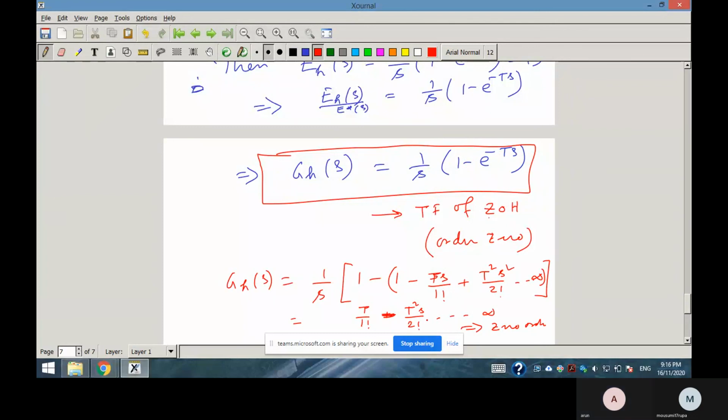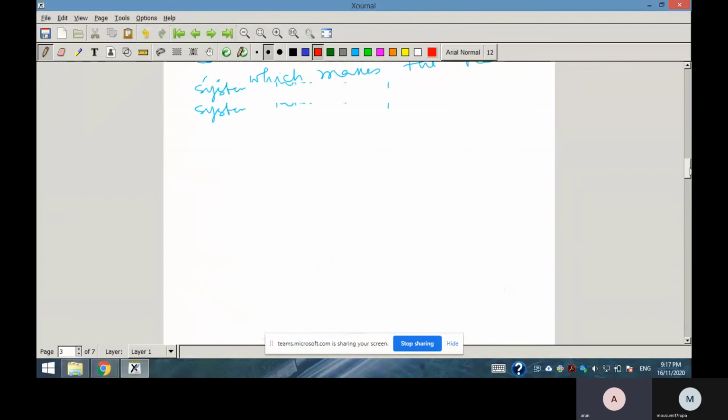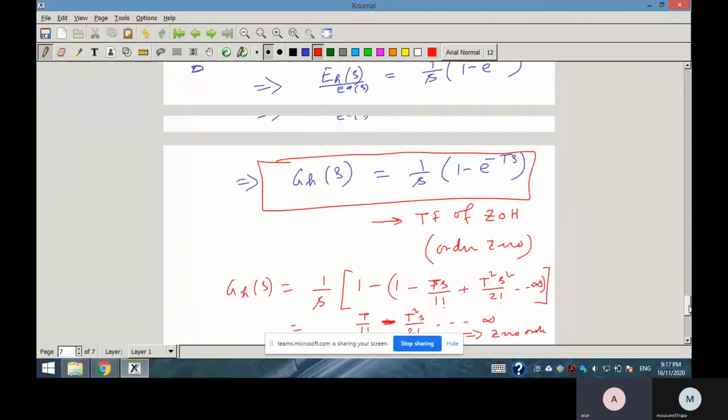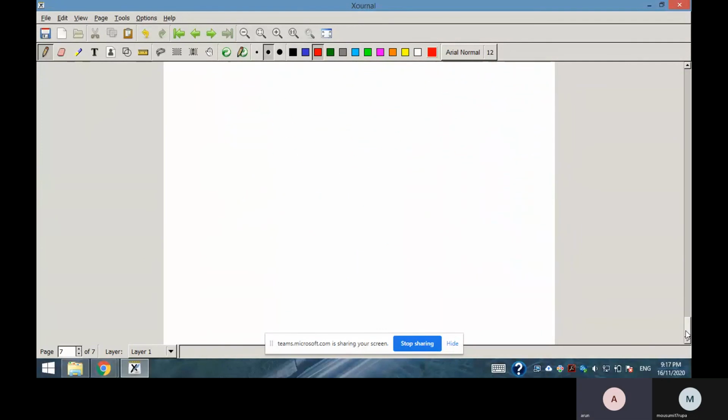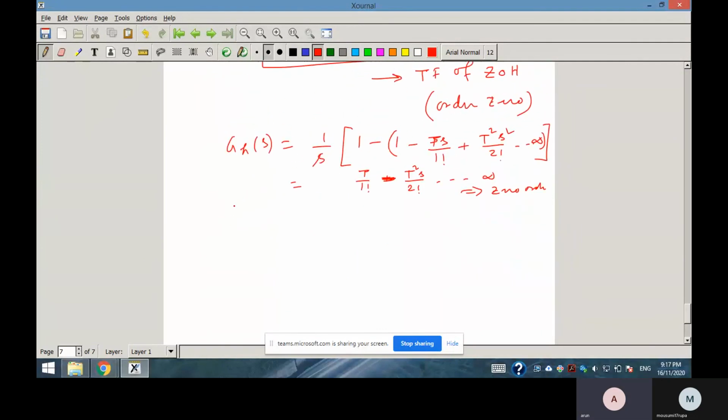Okay. So now how to represent? In digital control we will not handle continuous time signals and systems. We will be handling the sampled version of signals. When you handle sampled versions of signals, there is some other treatment, that is called Z transform.